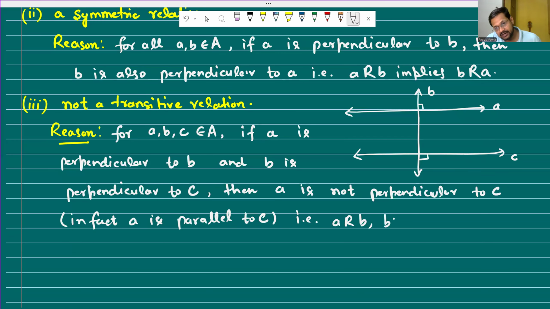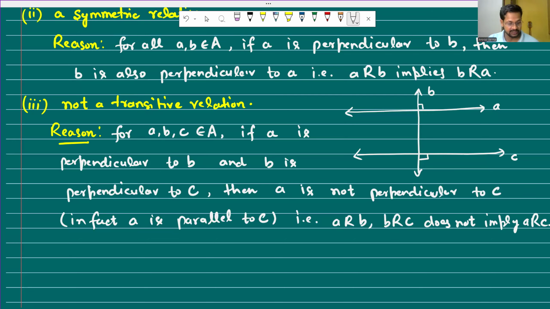B is related to C, that is also okay. Does not imply that A is related to C. Got it? So it means the perpendicular relation is not transitive and it is also not reflexive, but it is a symmetric relation. Okay.